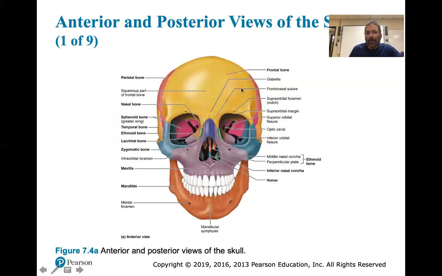So this will keep popping up. So just start looking at this, and obviously your patient's not going to have color-coded bones, but just kind of getting an idea of where these boundaries are and what, you know, optic canal, what's going through there. Well, I would think it's going right to the eye. All right, so the optic nerve, cranial nerve 2 is going to go through there, superior orbital fissure.